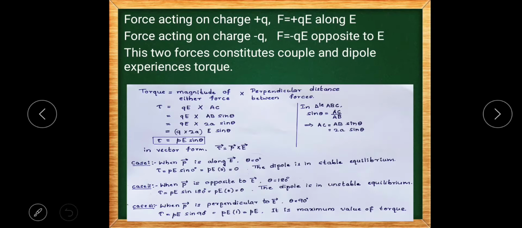These two forces constitute a couple and the dipole experiences torque. Now, torque can be written as the magnitude of either force and the perpendicular distance between the forces. Here the magnitude of either force is qE, and the perpendicular distance between the two forces is also known as the arm of the couple.